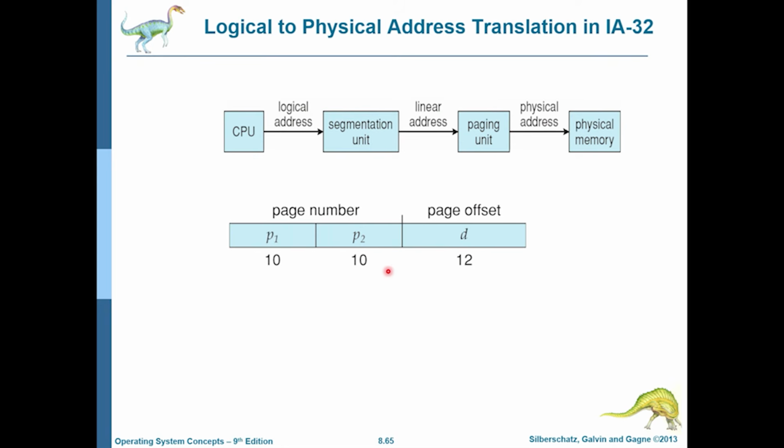Once it has found the real page table entry for the page, it will figure out the base address of the frame. Then it will use the 12 bits over here to figure out how far into the frame the physical memory location is, and then it will generate the physical address that will go into the physical memory, and we can read or write to that physical memory.